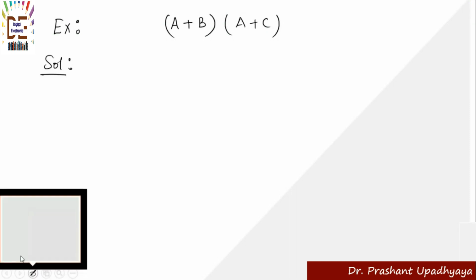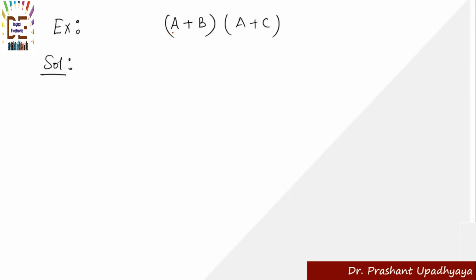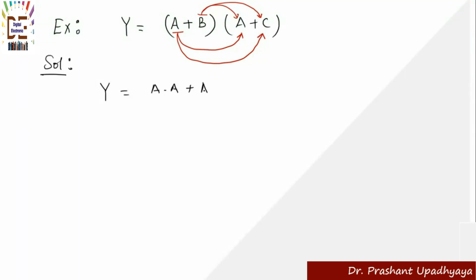So we simply have to follow the multiplication rule: this a will be multiplied by this a first, then this a will be multiplied by this c, and similarly b will be multiplied by this a, and b will be multiplied by this c. Let's say y equals a into a plus ac plus ba plus bc.